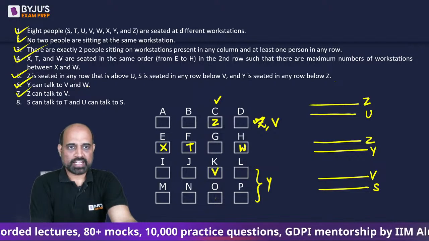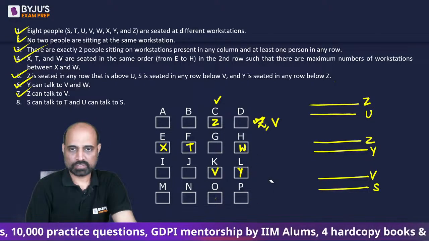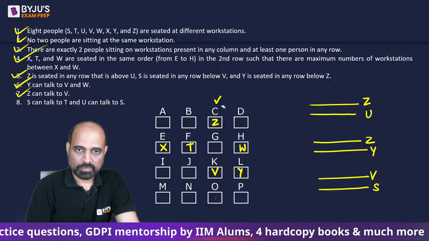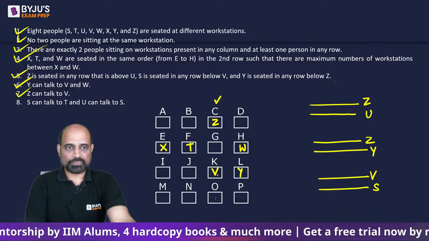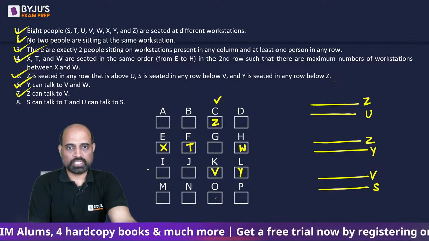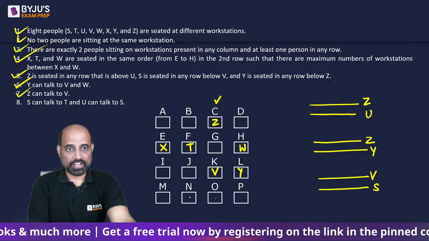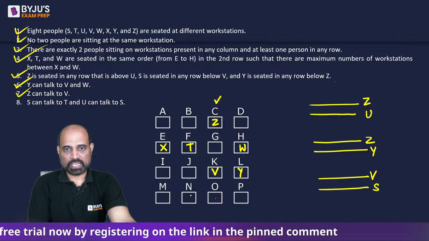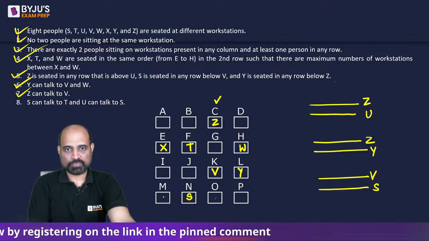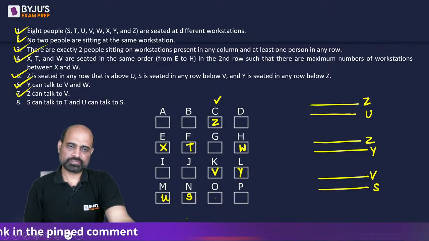Now Y can talk to V and W, so Y has to be here. है ना? मैं एक केस बना रहा हूं. I'm looking at a possibility. Now S can talk to T and U. So if I place S here and if I place U here, this is a possibility, right?